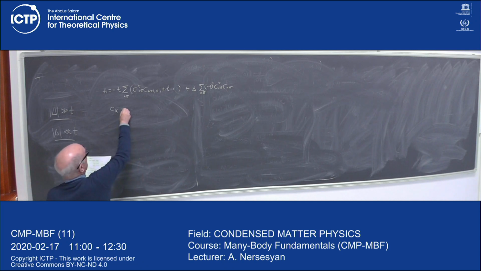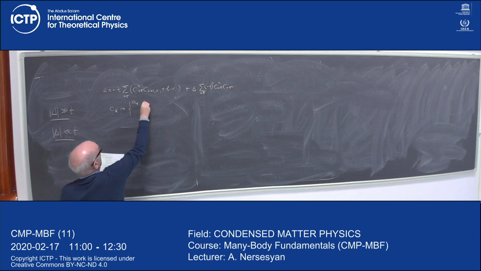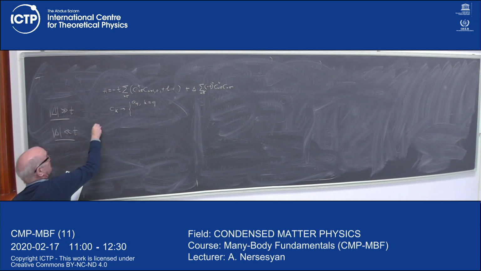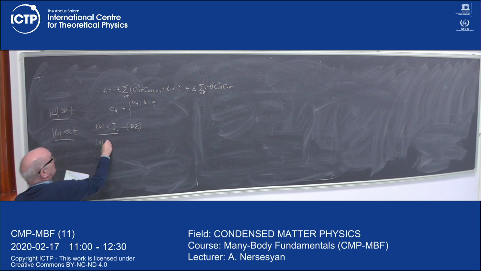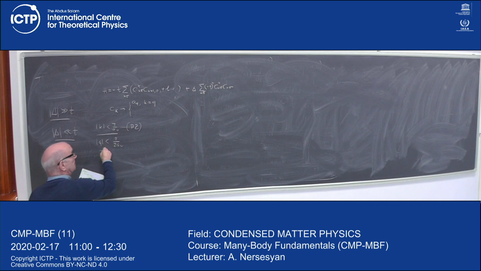So c_k would be denoted as a_q if k belongs to q, which means that k, I remind you, was the quasi-momentum originally belonging to the standard Brillouin zone. And there is another momentum q, which is inside this Brillouin zone.